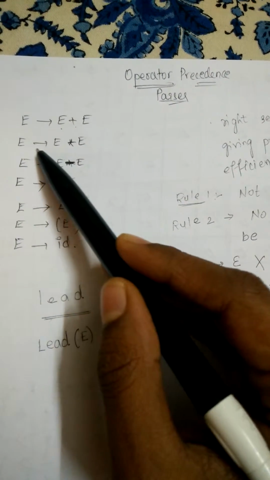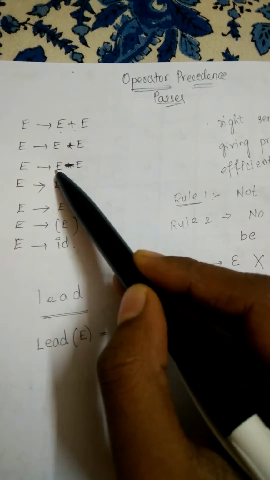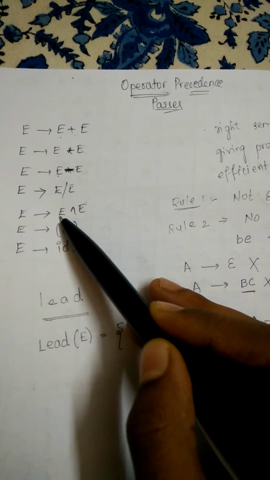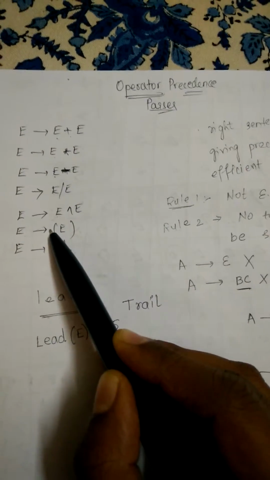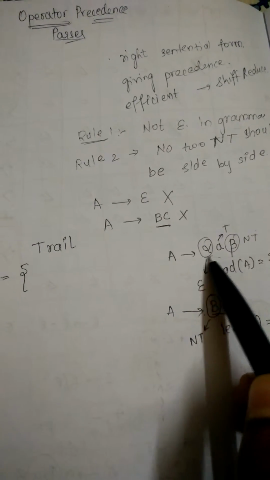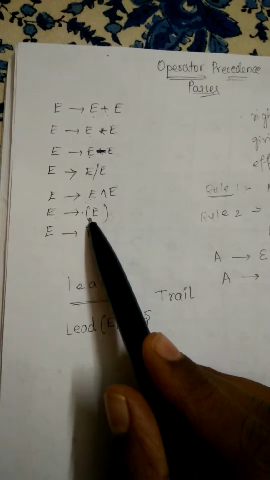Here also we have to find the lead of E, and here, and here. Here there is no non-terminal, that means rule 1 is applicable, where alpha is epsilon. Then lead of A will be the terminal, so lead of E will be open bracket.